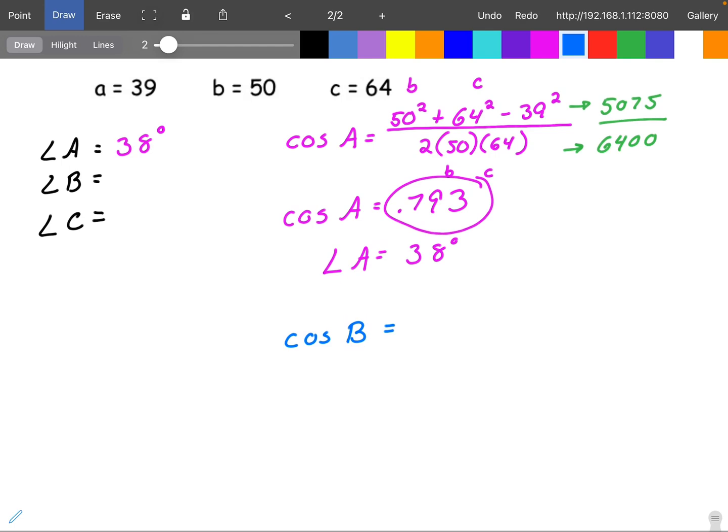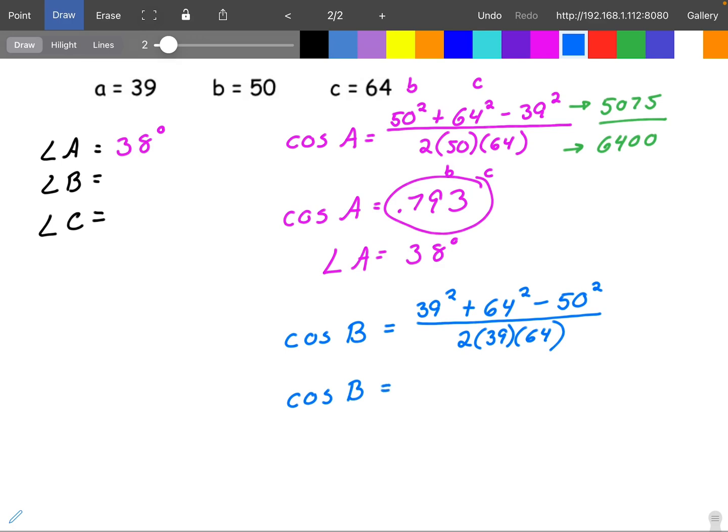So a is 39 squared, plus c squared, which is 64 squared, minus b squared, which is 50 squared. Then on the bottom is going to be 2 times 39 times 64. All right, so I'm going to type that into my calculator.